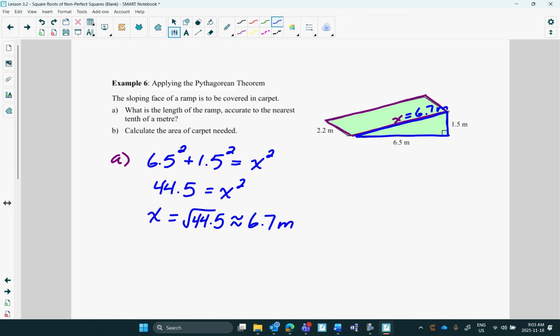So therefore, to find the area of the carpet, what am I going to multiply? Base times height. So 6.7 times 2.2. 14.74.